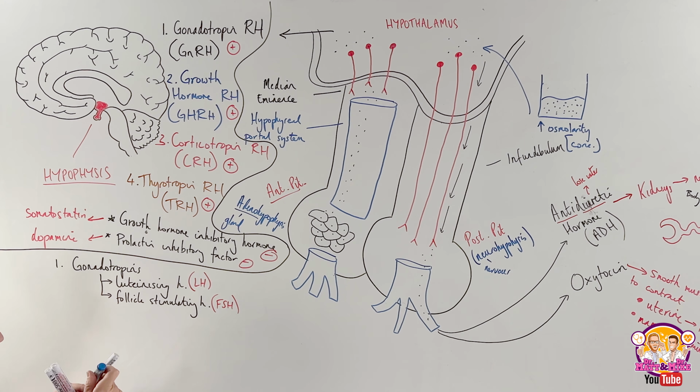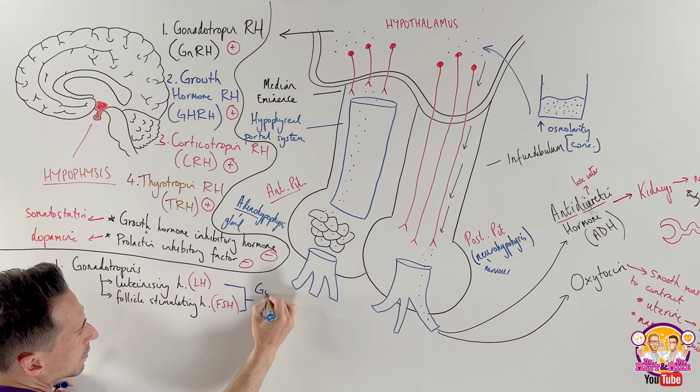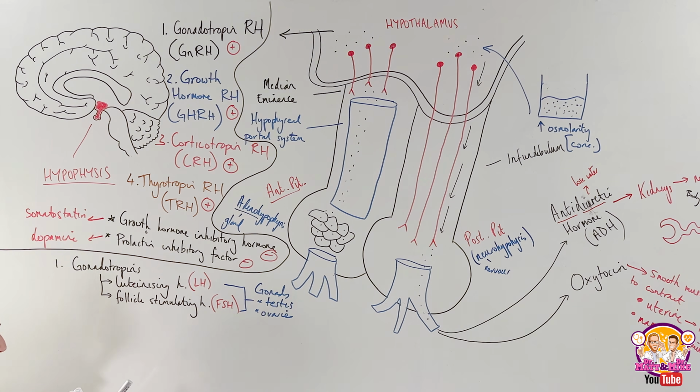So the gonadotropins go to the gonads. Now the question is, what are the gonads? The gonads are the testes and the ovaries. And what do these hormones do? Well, they're named after what they do in the female reproductive system, so what they do in the ovaries.